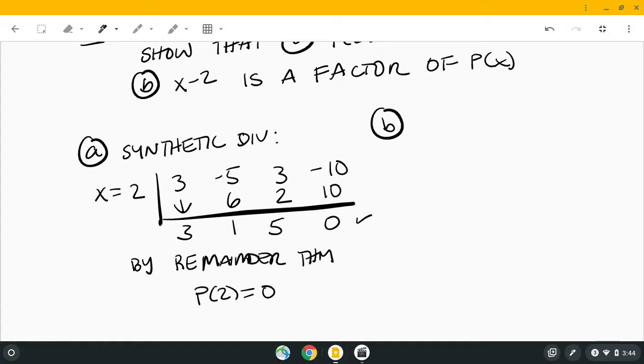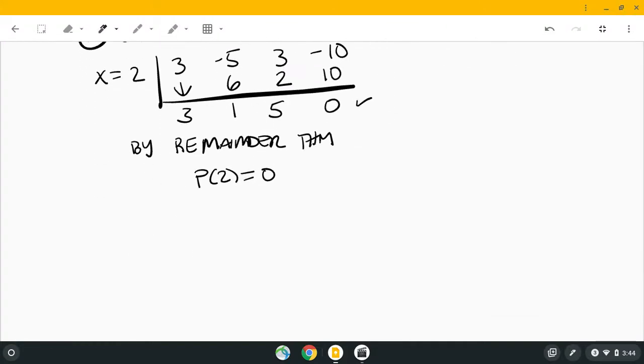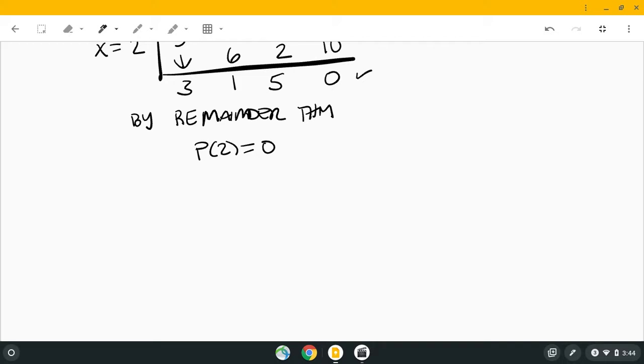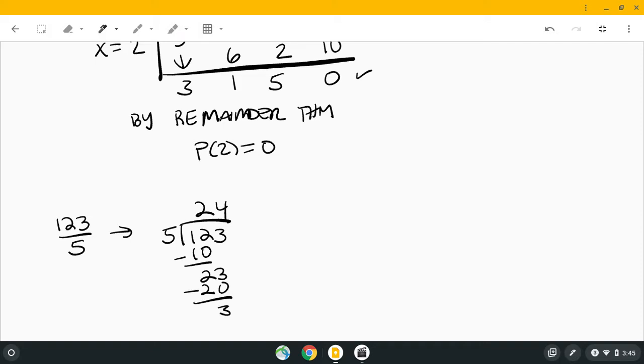Before we get into that, you don't have to copy this down, but I want to show you with numbers. Let's say I have 123 divided by 5. If I do this long division off to the side, I get 2 times 5, 10, 2, 3, 4, 20, and I get a remainder of 3.